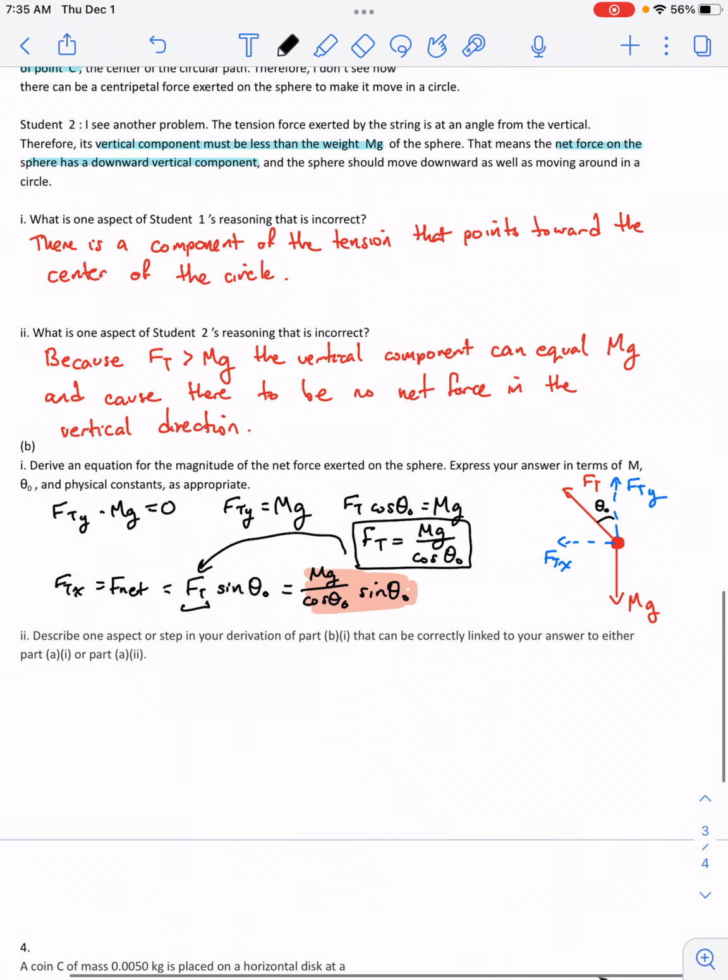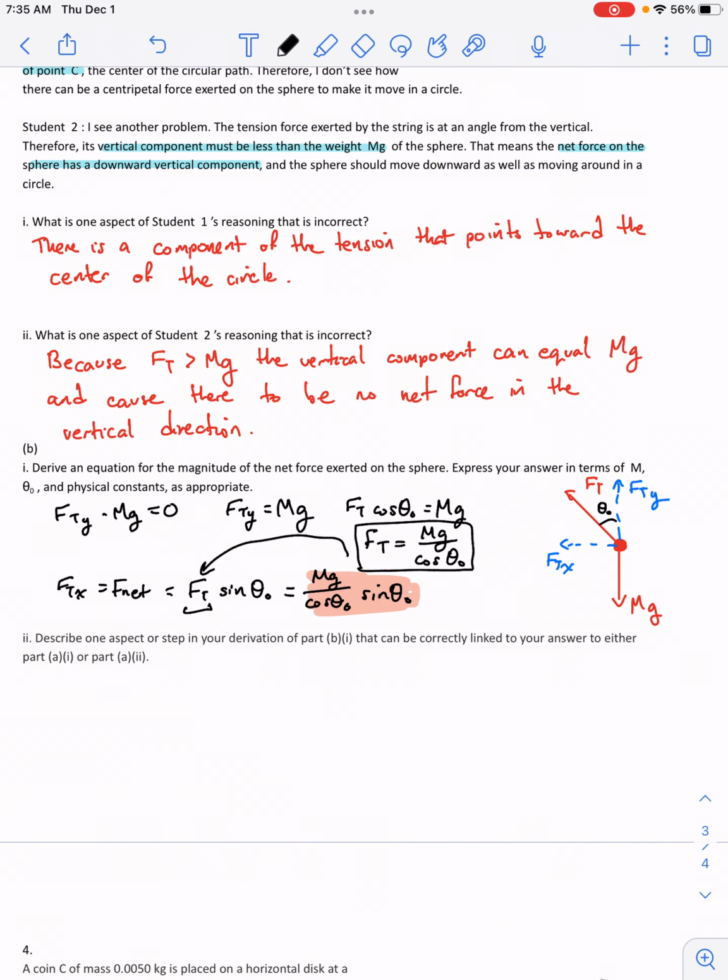All right. Number 2, describe an aspect or step in the derivation of part B that can correctly be linked to your answer to part A, well, basically in both of those, right? So we know that Ftx is equal to Ft sine theta, and it is not equal to 0. It means that student 1 was incorrect.